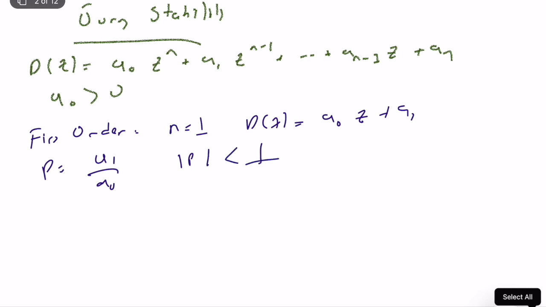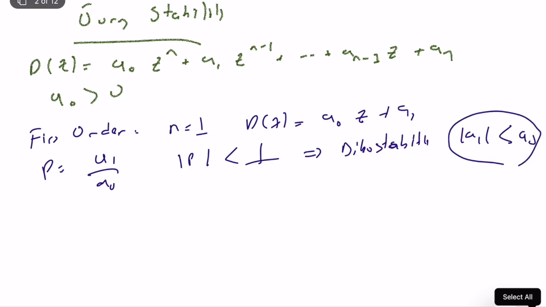We know that a0 is already greater than 0, so for BIBO stability we need the magnitude of a1 to be less than a0. So it's very easy to test stability for a first order system, and this is technically the Jury stability test. It's kind of obvious and not complicated.